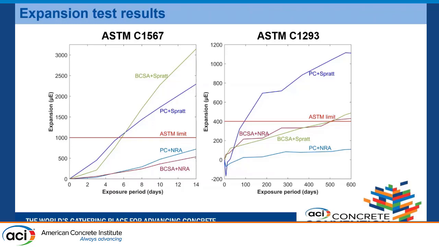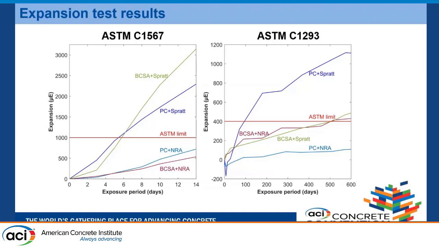If we see the performance of the Spratt aggregates, which are known to be reactive, both Portland cement and BCSA show high expansion. One thing that is a bit surprising is that the test shows BCSA having even more expansion than the Portland cement itself.